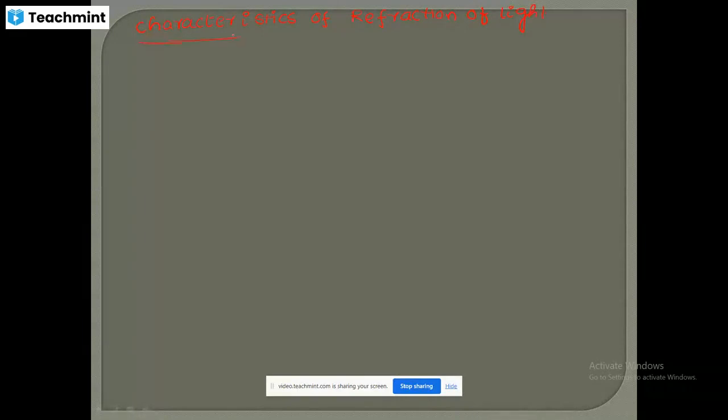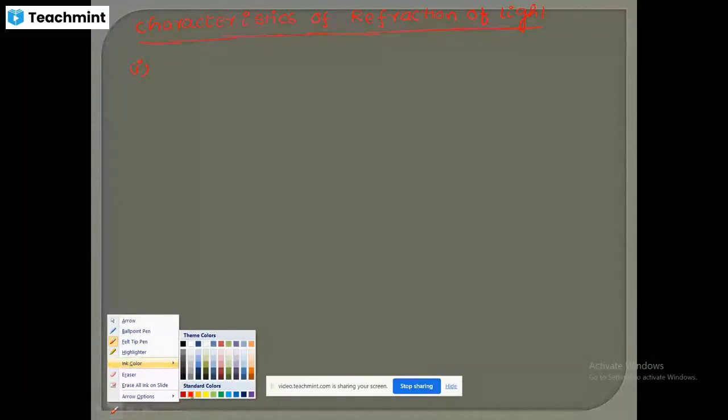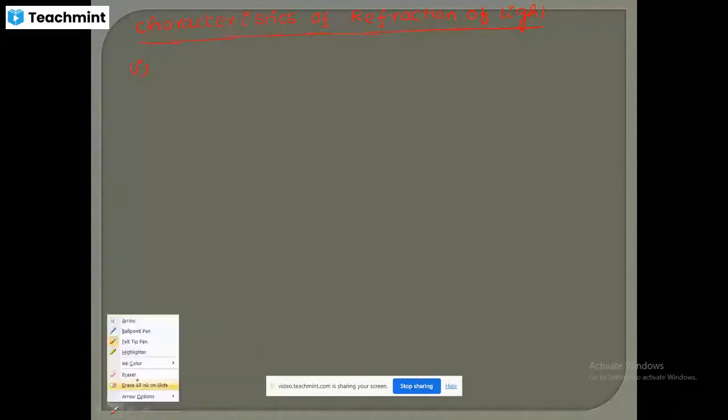What are the characteristics? Whenever the light is entering from one medium to another medium, what are the characteristics of that refraction of light? The first one is, when the light is traveling from rarer to denser, the first concept is here.